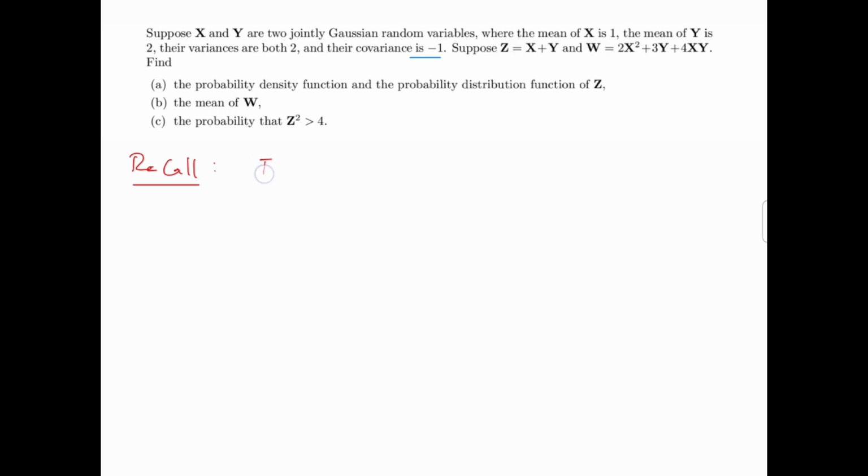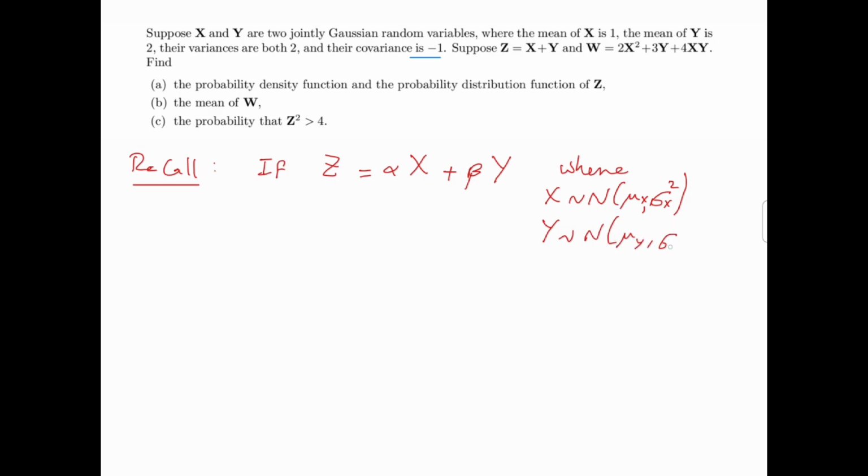So if the variable z is a linear combination of two jointly random variables, x and y, where x is a Gaussian random variable with mean mu x and variance sigma x square, y is also a Gaussian random variable with mean mu y and variance sigma y square.